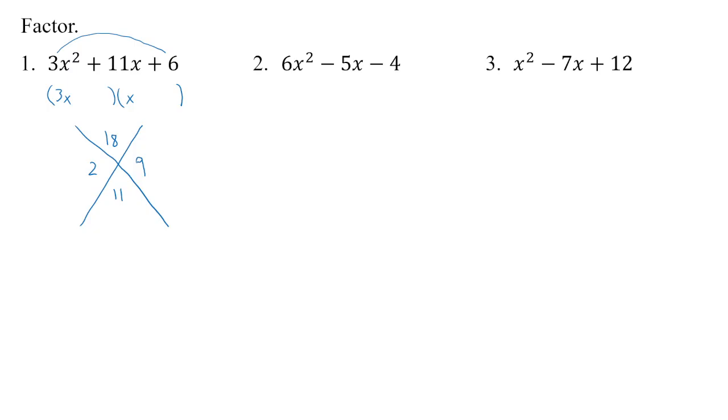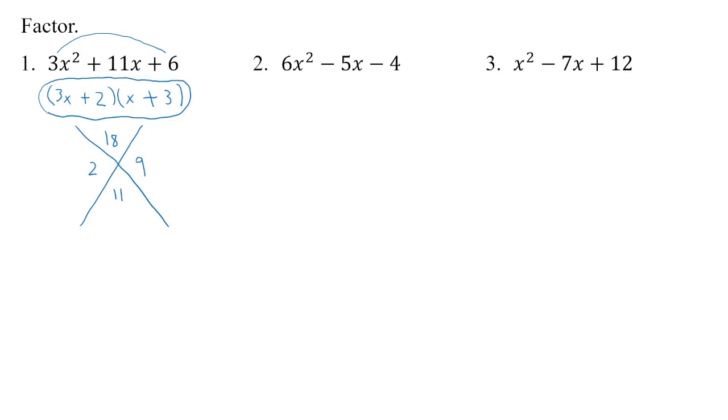Well, 3 can go into 9, so 9 divided by 3 is 3. Now notice, I did not put that 3 in the same group as your divisor. Never put your quotient in the same group as your divisor. And 2 divided by 1 is 2. Therefore, your solution is 3x plus 2 times x plus 3.